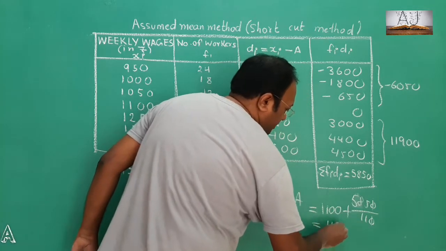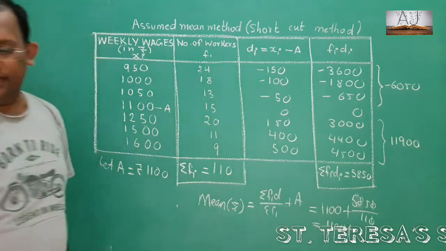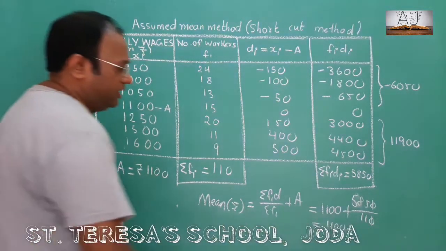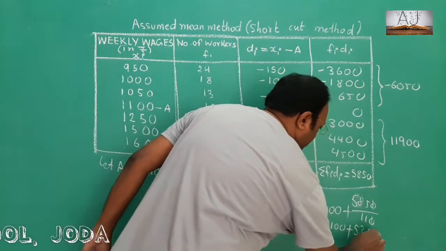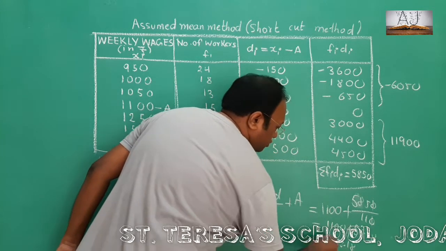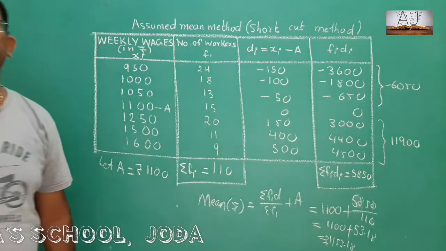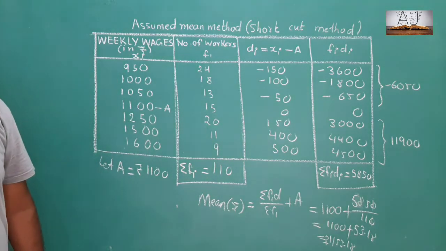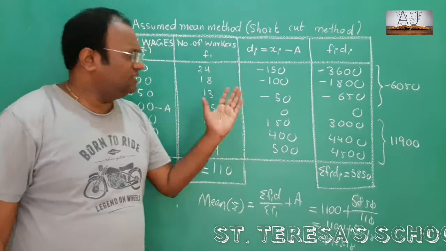So it's 1100 plus, in decimal, 53.18, which is 1153.18. So this is our mean. This is how we get the mean. Hope you understood. It's very easy.